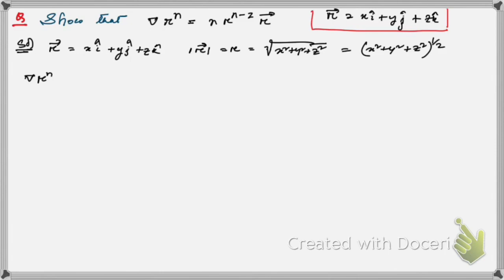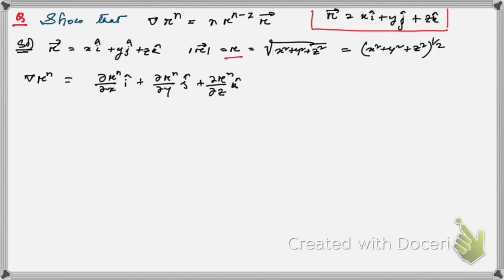So grad r to the power n will be given by the partial derivative of r to the power n with respect to x, i cap, then the partial derivative of r to the power n with respect to y, j cap, then the partial derivative of r to the power n with respect to z, k cap, right?